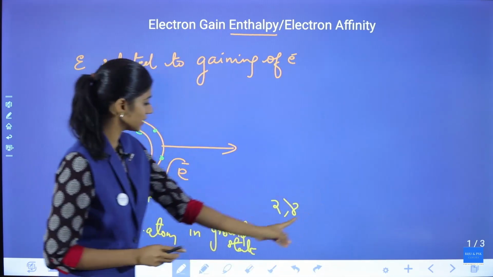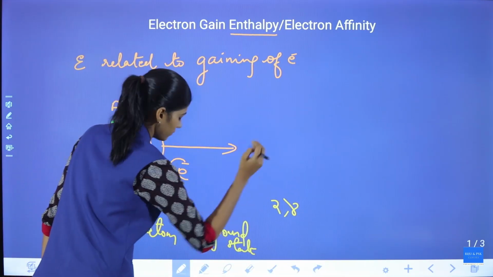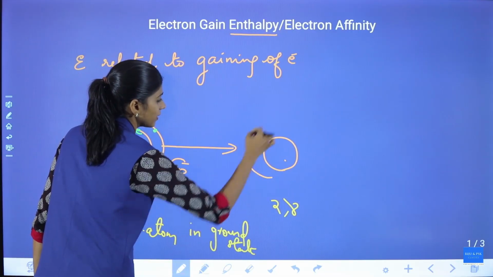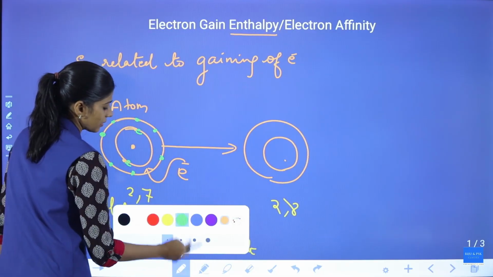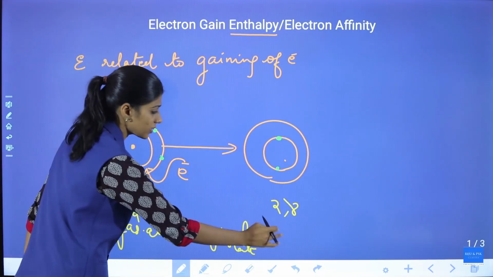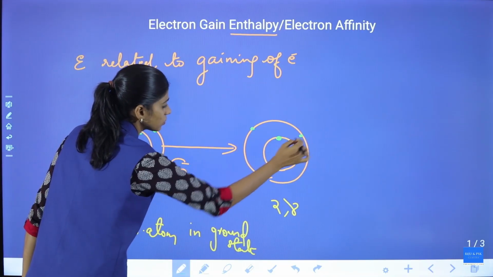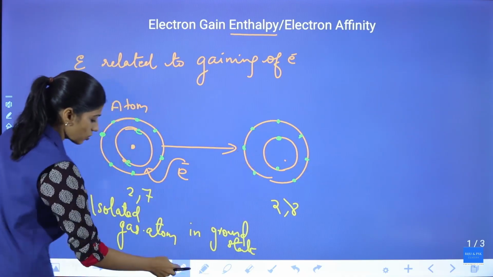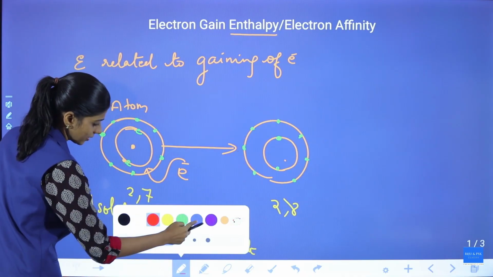So let's see, you have a nucleus and there are two shells. The first shell is not disturbed, 2 electrons. In the second there were 7 electrons, and a new electron enters here.